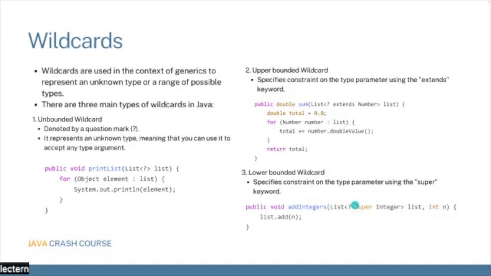If we try to add a double to a list of integers, it wouldn't do what we want. So this makes sure that we have a list that can actually accept the type that we're putting in.